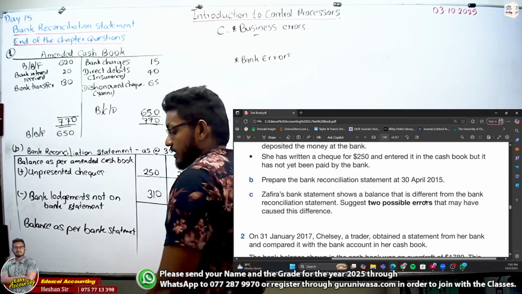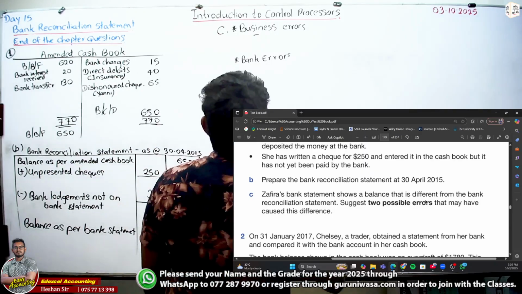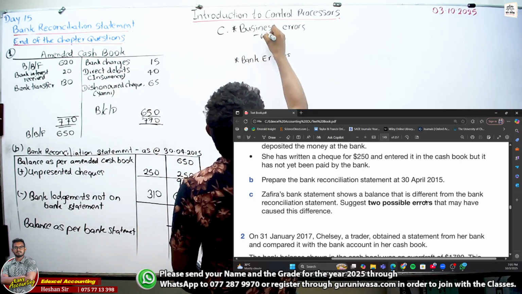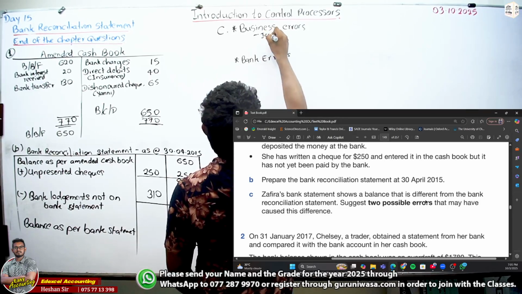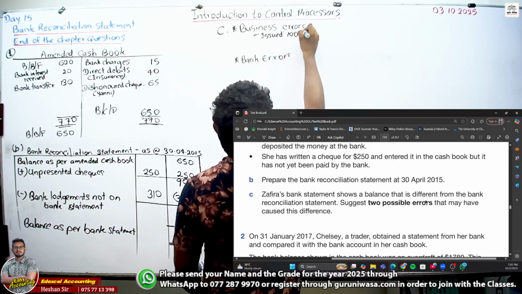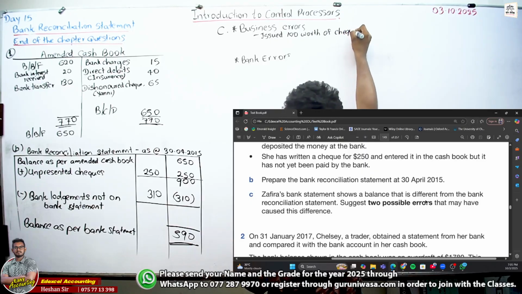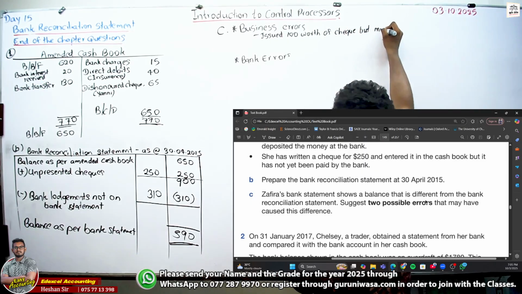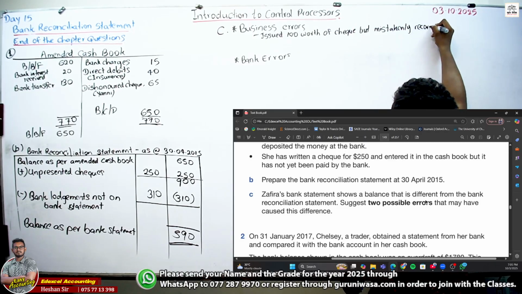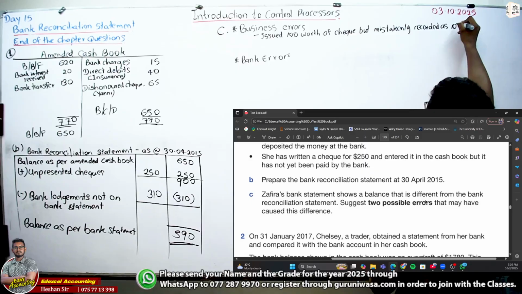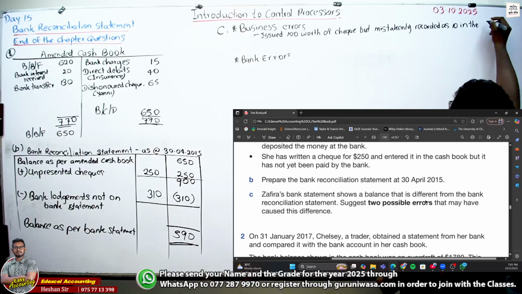Let's see the first, business errors. For an example, we can write: when issuing a check, issued a 100 worth of check, but mistakenly recorded as 10 on the cash book credit side.